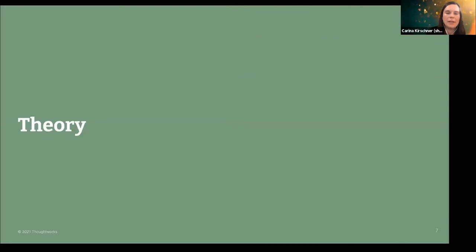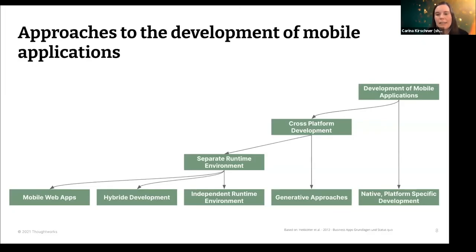But before we do this, let's have a look at which different approaches are out there to develop a mobile application which do not require knowledge of the native language of the platform. And there are different approaches out there. If we have a look at this slide, let's start on the very left side, which is a bit more general.